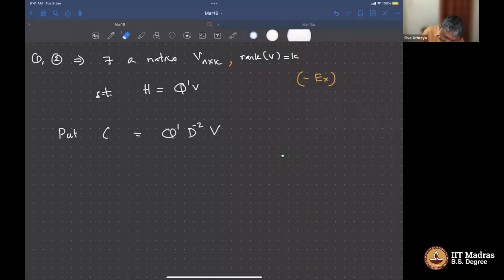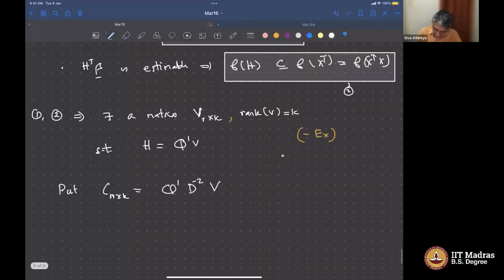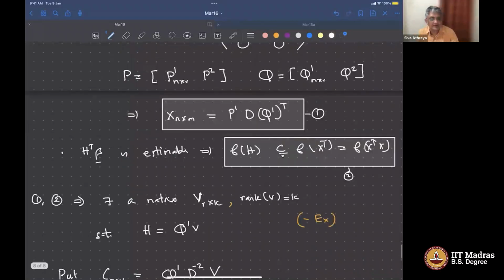This is an R cross K matrix, because Q1 is M cross R, D is R cross R, and V is R cross K.